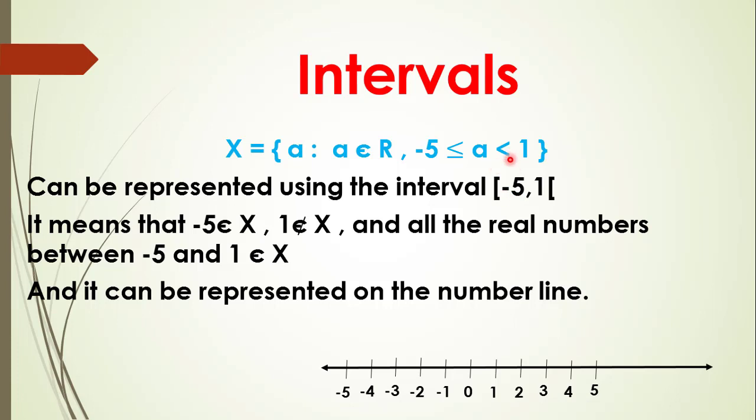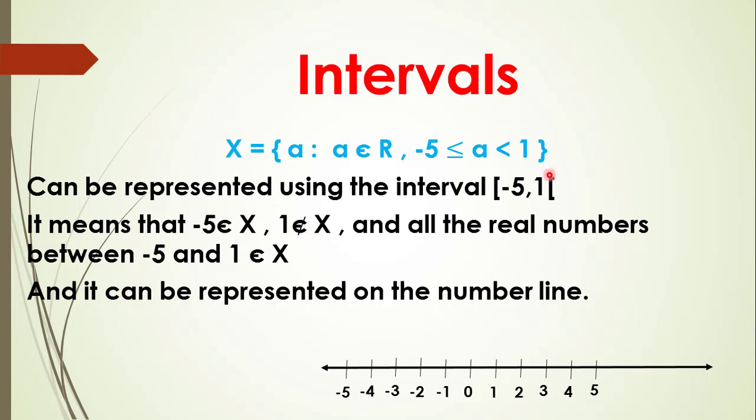Here we don't have "or equal", so 1 doesn't belong to X, so I open the bracket. So what does it mean? This interval means -5 and all the real numbers between -5 and 1 only, but 1 doesn't belong to X.